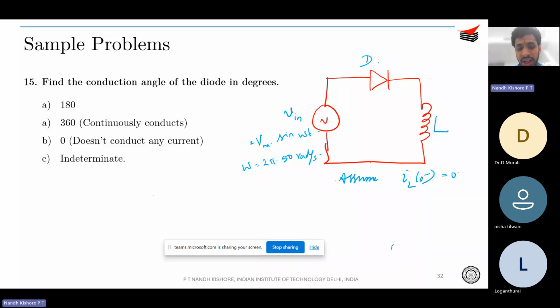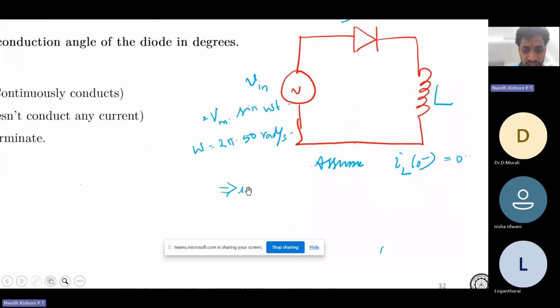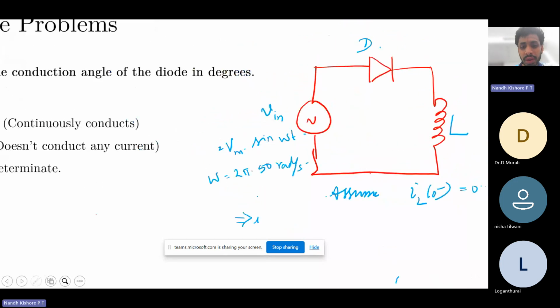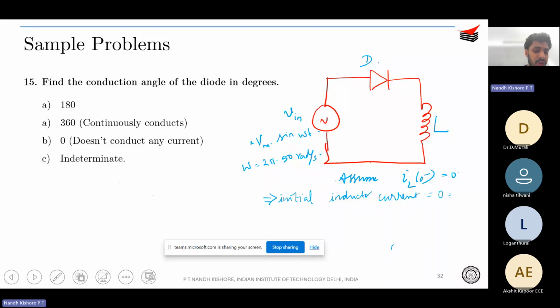That means the initial inductor current is going to be equal to 0, or it can also be said that the inductor doesn't have any stored energy prior to turning on the circuit. So the question is: find the conduction angle of the diode.